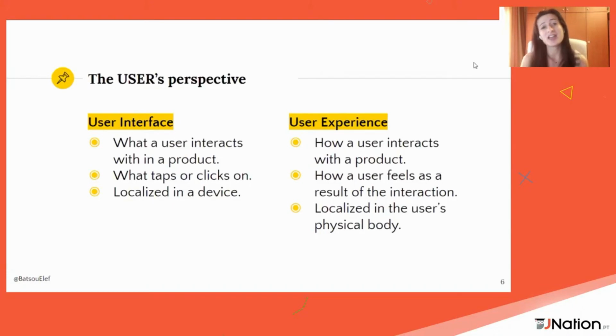On the other hand, the user experience from the user's perspective is how a user interacts with a product, how a user feels as a result of that interaction, and the whole experience is localized in the physical body. Is he cracking a smile? Is he disappointed? This is user experience.